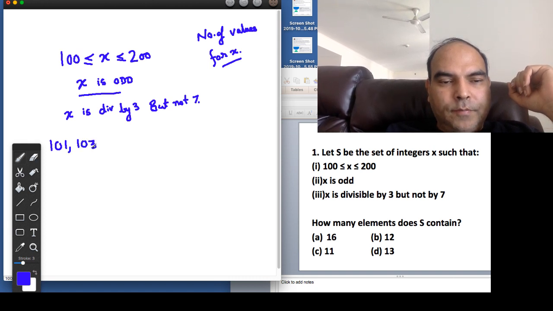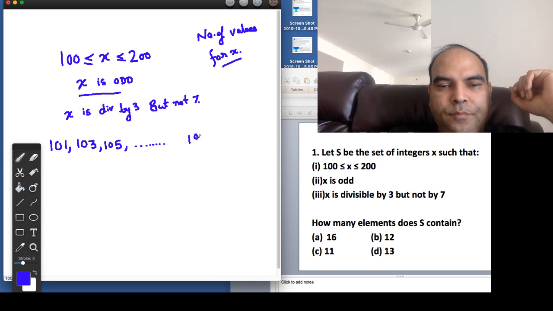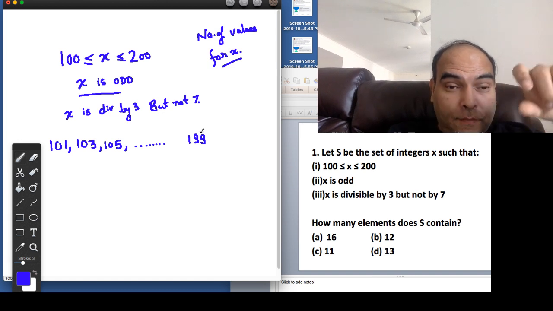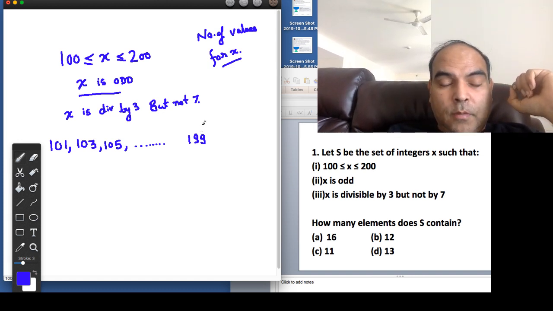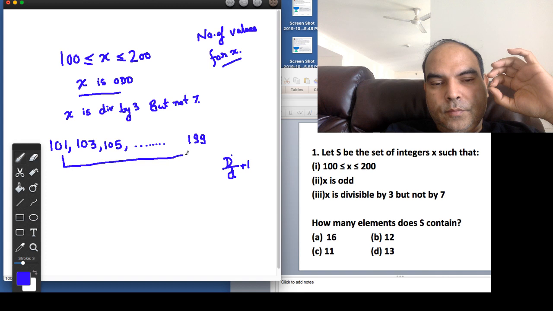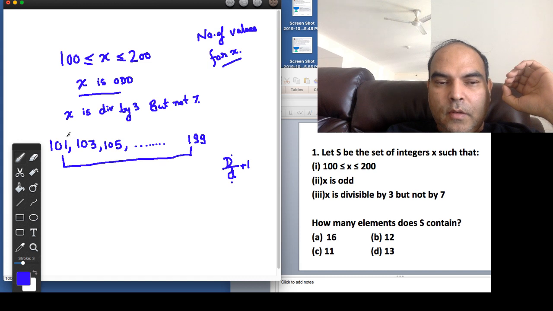So we're left with 50 numbers here, starting from 101 to 199. There are 50 odd numbers here, and whenever you have to count the number of terms in an AP, you should use the formula D by d plus 1, where capital D is the difference between the first and last number, small d is the common difference of the AP, and plus 1.